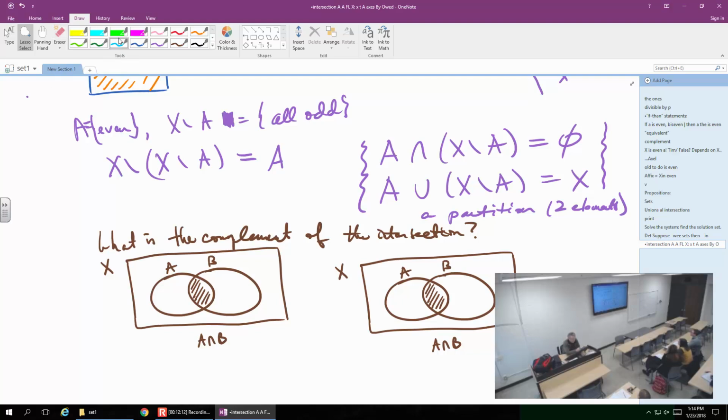So let me mark the complement. I mark this intersection, right? And now we're talking about its complement. So I just take that purple one and color everything that's not purple. Okay, so this is it.